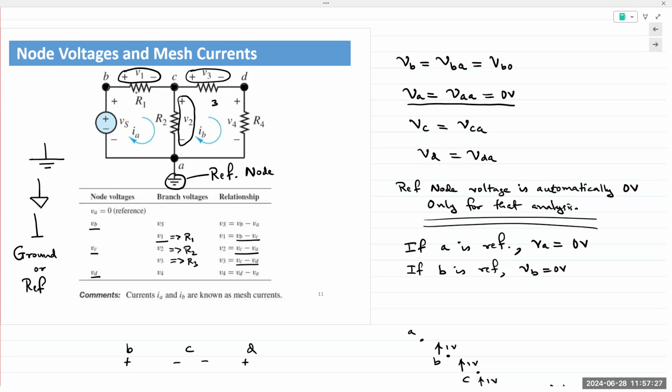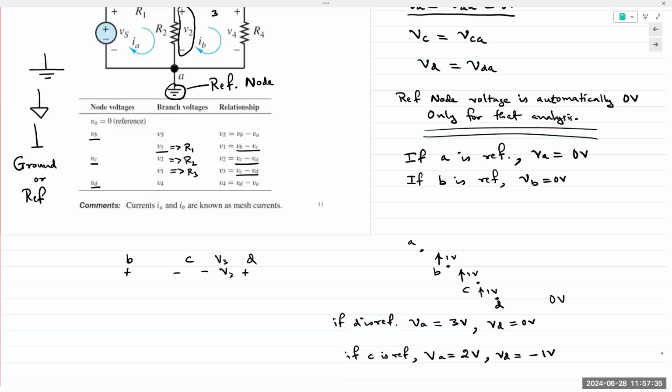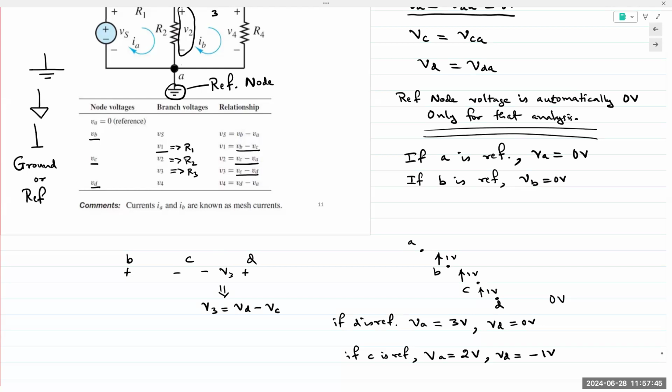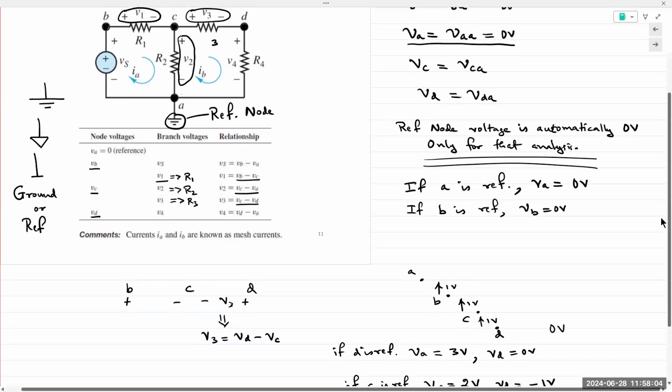If, for instance, C and D were flipped, we would state, in this case, because it's V3 here, we would write that V3 is VD minus VC. That's what it would mean. Good question. So if it's flipped, you would just use the node which is higher.